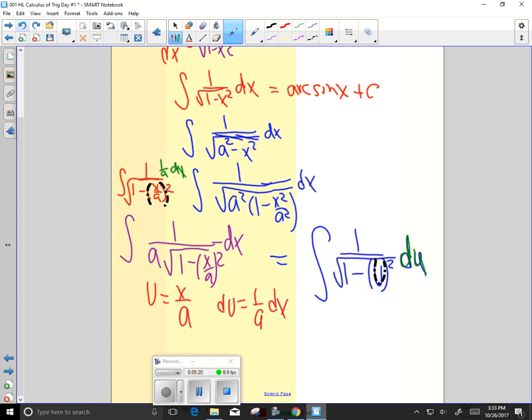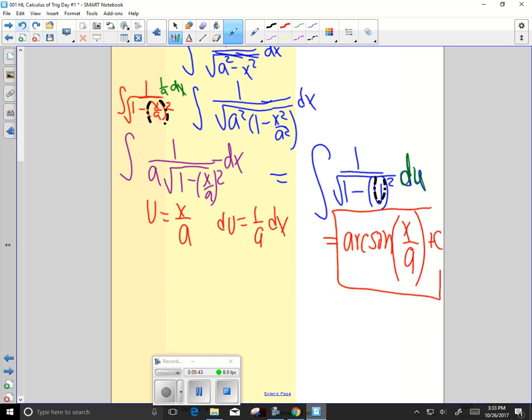Okay, so the antiderivative of du over the square root of 1 minus u squared is just going to be the arc sine of u plus c. And u was x over a. Notice we have an x over a included here.